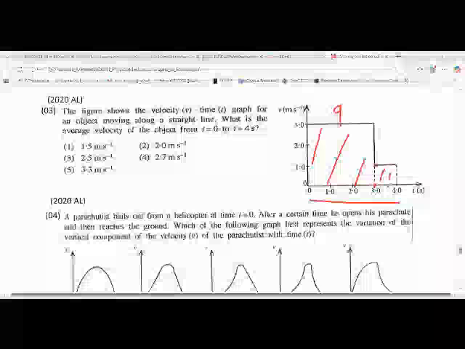Here velocity is 1 and the time duration is 1. This area is 1. Then the whole area is 9 plus 1, 10. Area represents displacement. 10. Time is 4. 10 over 4 means 2.5. The answer is the third one, 2.5 m/s.